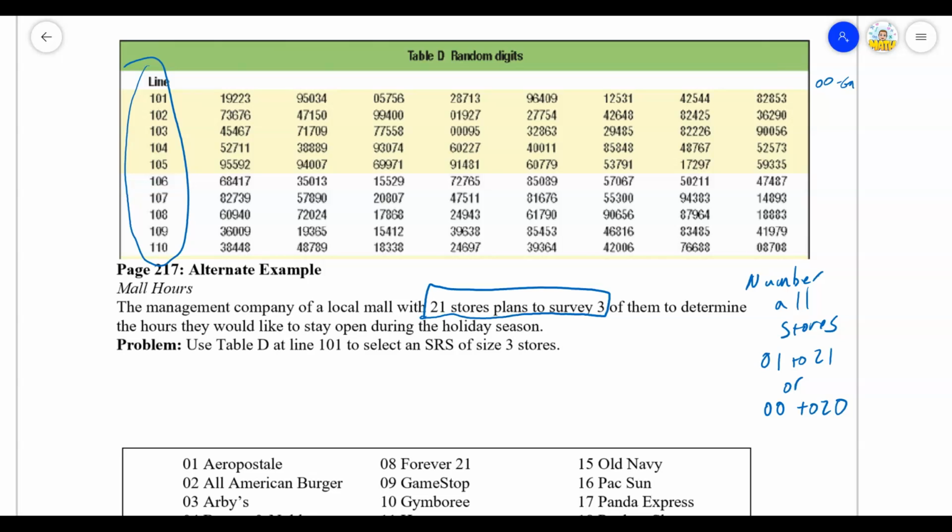And then GameStop is going to get the number 01, and American Eagle is going to get the number 02. I have to number all the stores in some way or another, so all 21 stores get a number. Based on how I number them, in both of these situations I used 2-digit groupings, so it really doesn't matter.